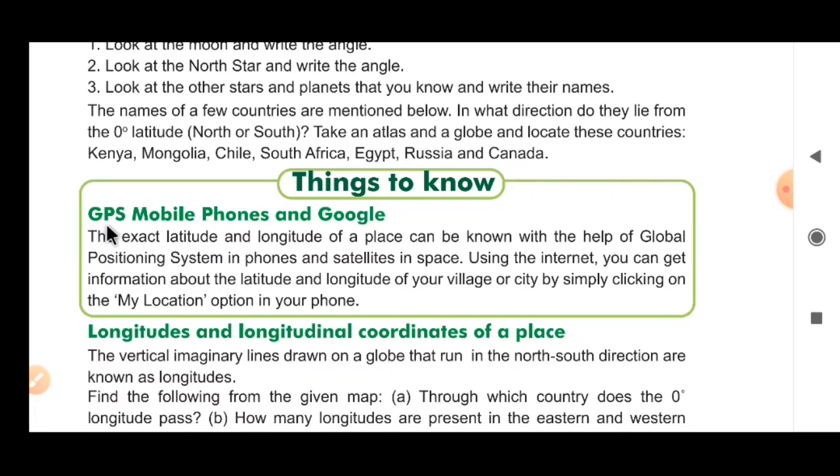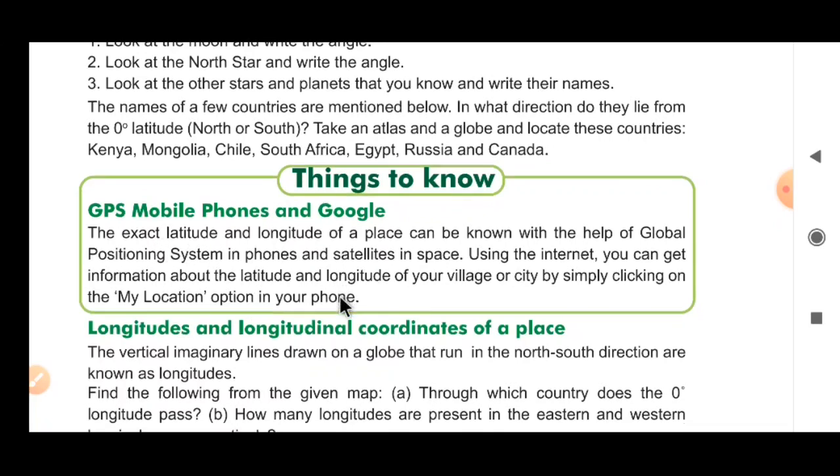Without internet we cannot do this, so internet on the mobile is important. For that we have to click on the My Location option and enter where we are and where we want to reach. So we can easily reach there, and also we can know the latitude and longitude of our city.